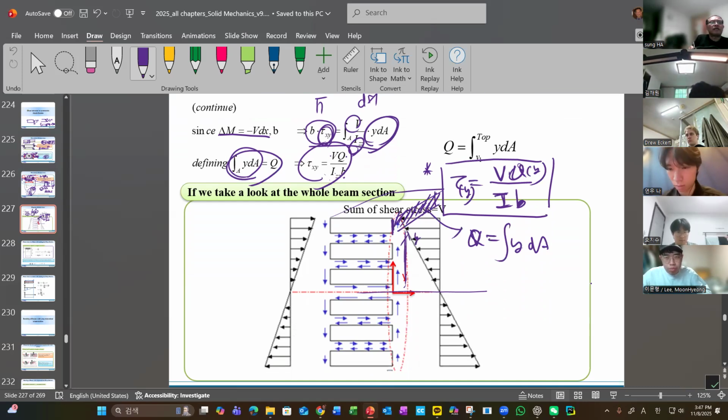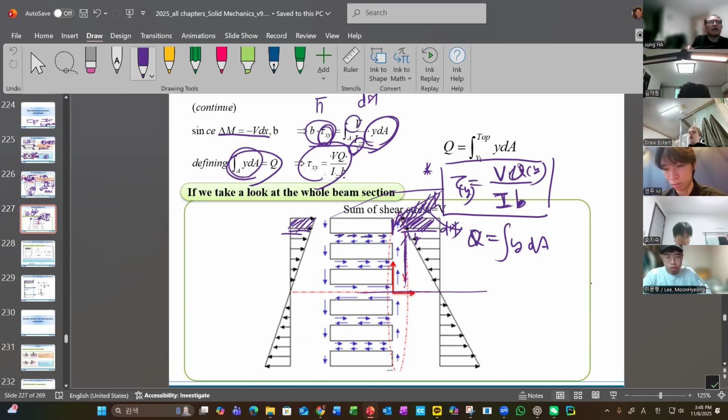So this is the shear stress we have, and this is the axial force, and this is the axial force. Again, this axial force is greater than this one because we have a dM. It's now not in equilibrium.